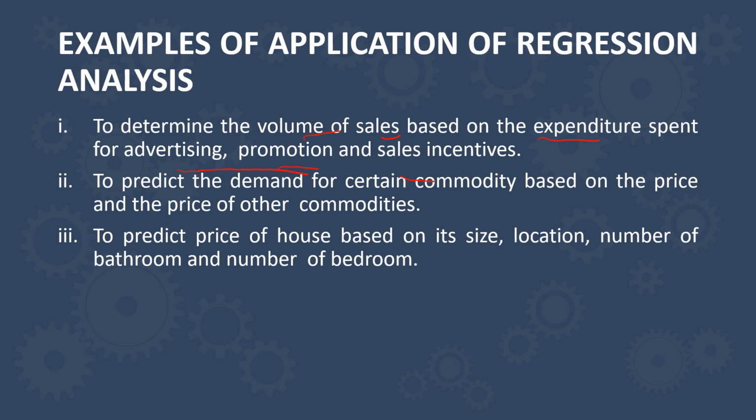The second one is to predict the demand for a certain commodity based on its price and the price of other commodities. This helps in forecasting how changes in pricing might affect demand. And the last one is house price prediction, to predict the price of a house based on its size, location, number of bathrooms, and number of bedrooms. This could allow potential buyers and sellers to deal with property values more accurately.